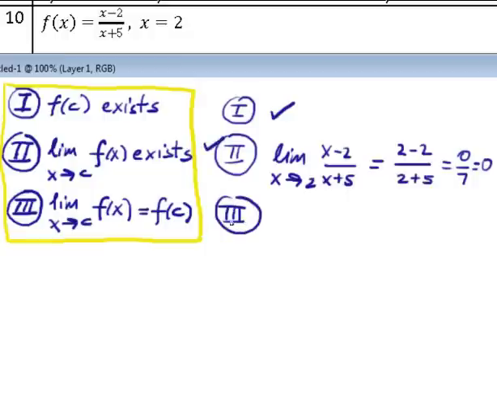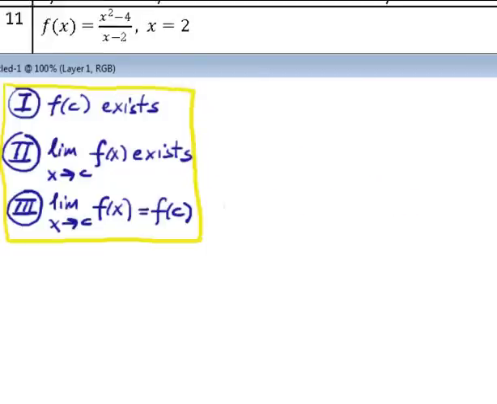And number 3, the limit is equal to f of c. Number 3 is also true. The limit is 0, and f of 2 is 0. So all 3 conditions hold, and f of x is continuous at x equals 2.